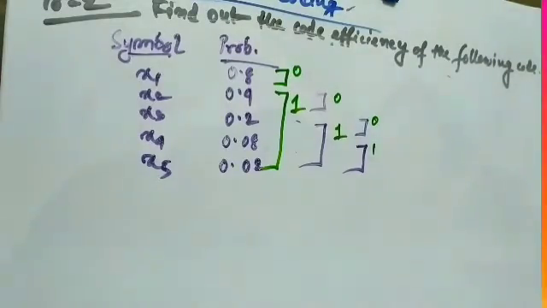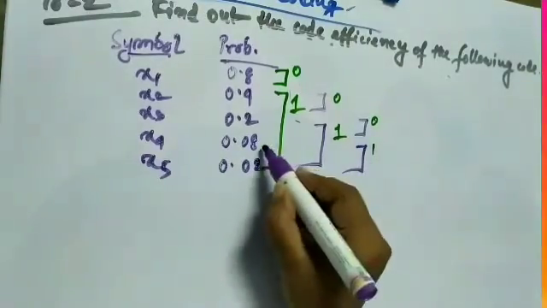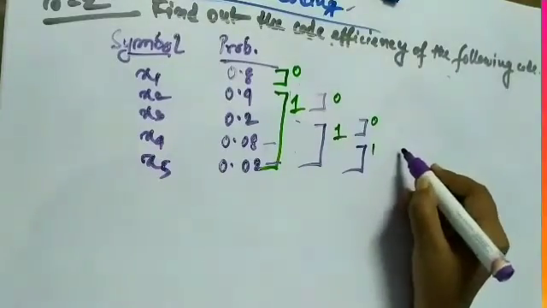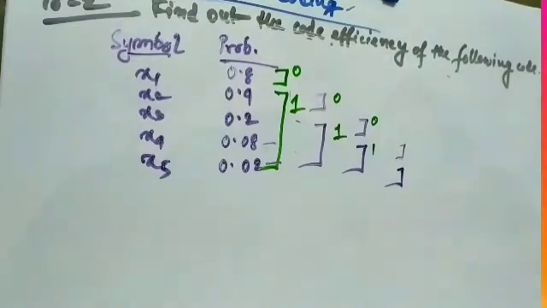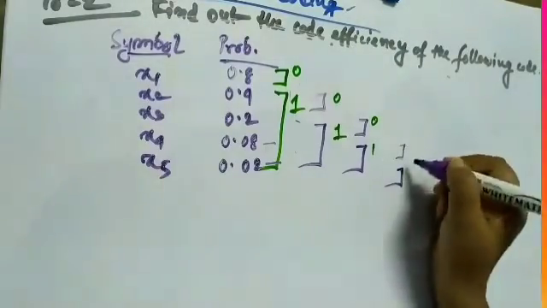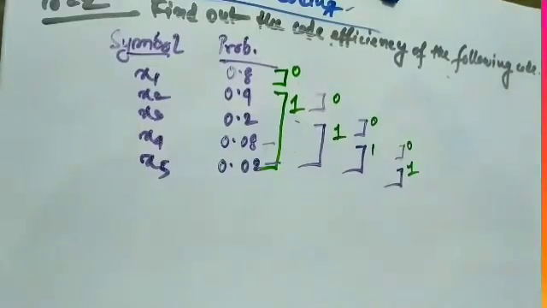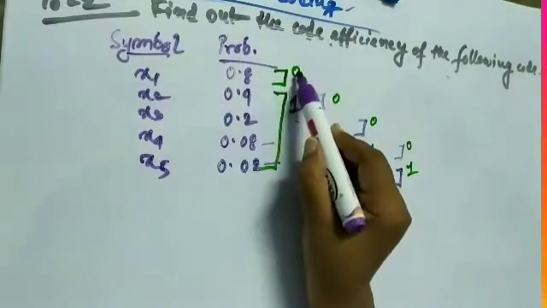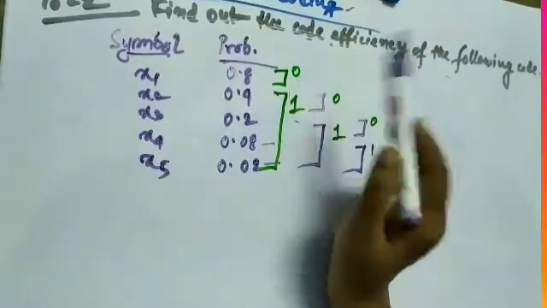Again this set has two subsets, that is 0.08 and 0.02. So again it is divided into two subsets. We put them as 0 and 1. Note that this 0.8 is denoted here. For this 0.8, the message bit is represented here.